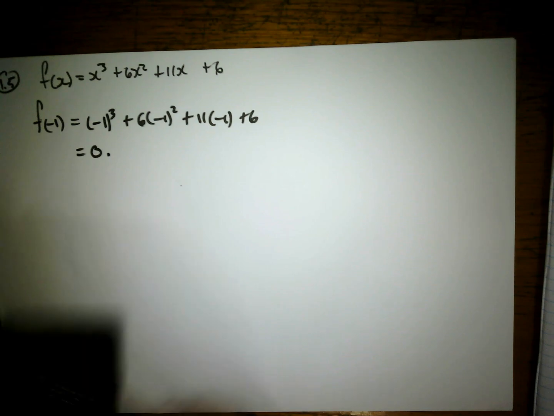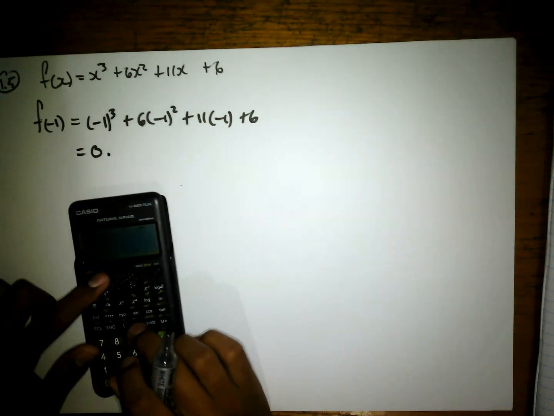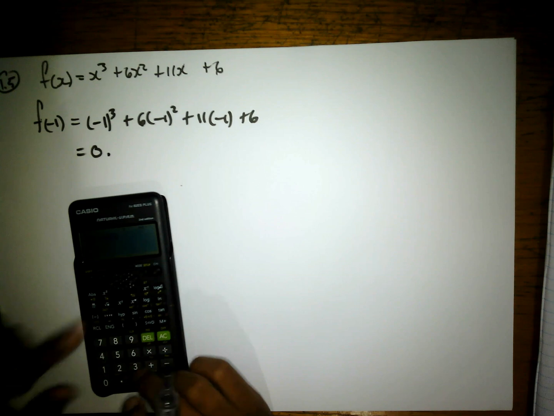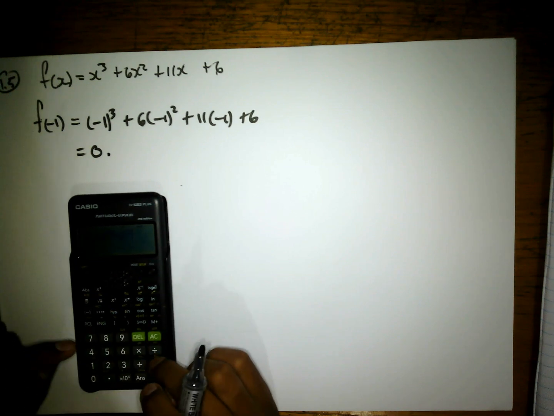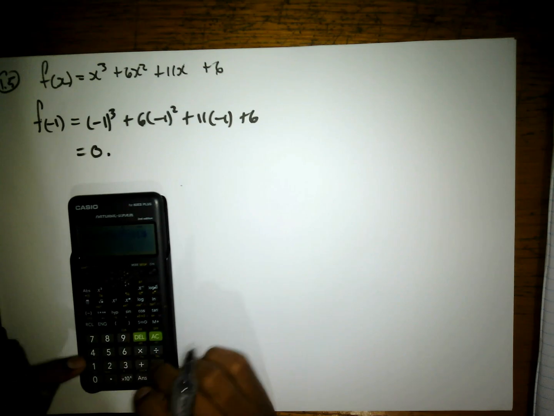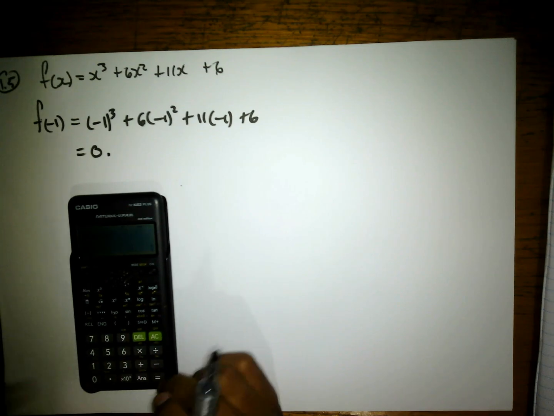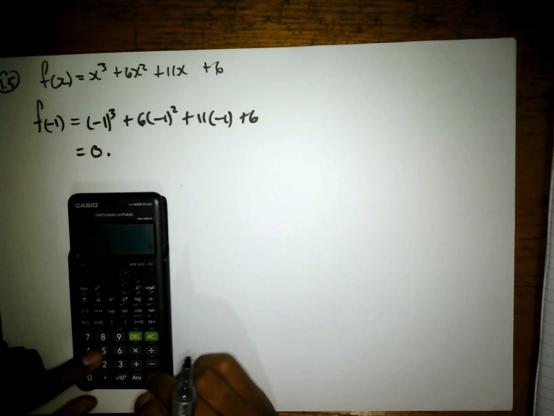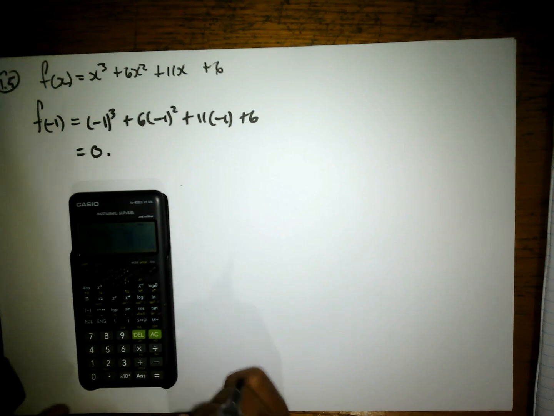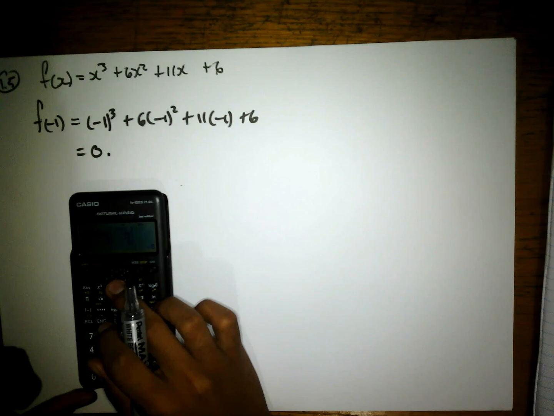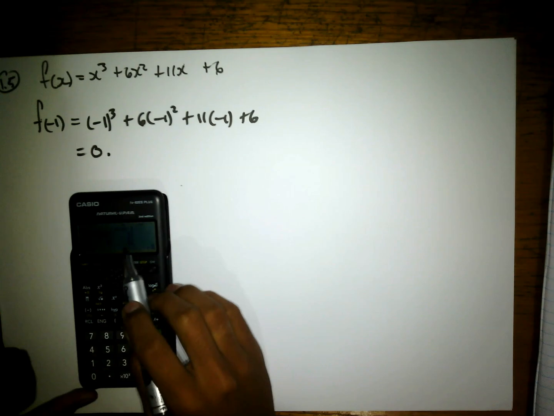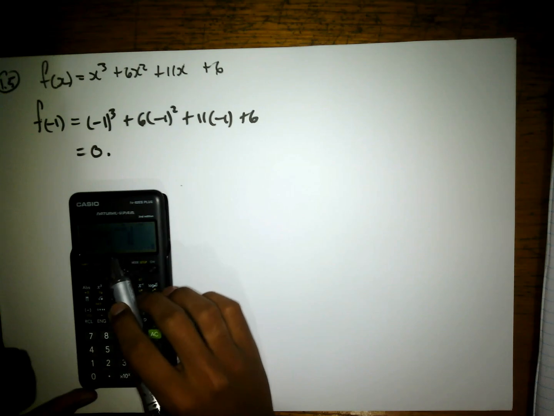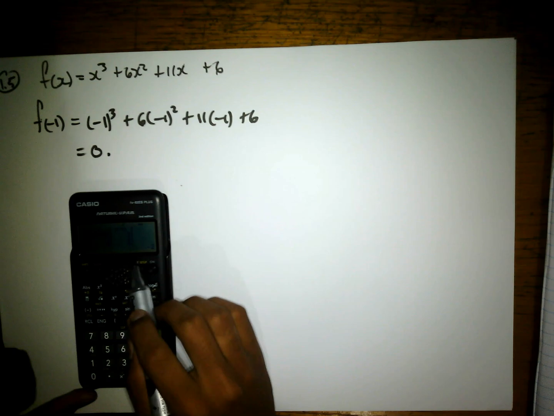Let me quickly do that. x cubed plus 6x squared plus 11x plus 6. Start at -5, end at 5, step 1. x is -1.